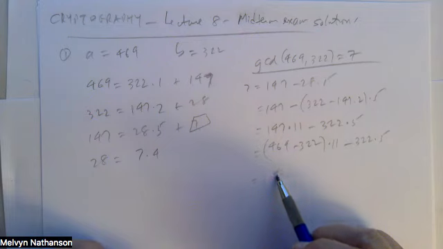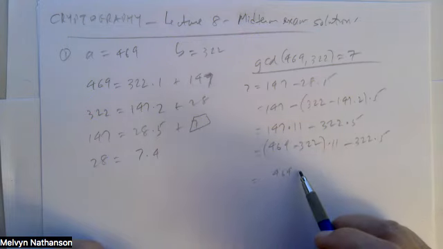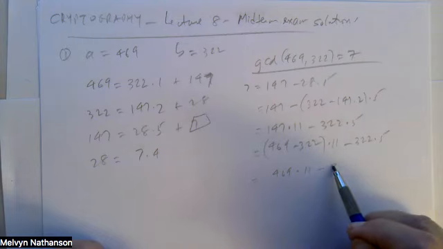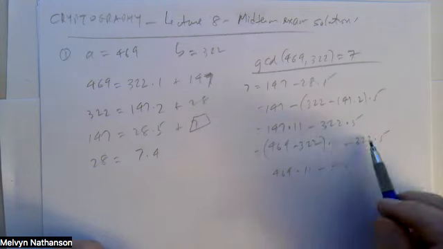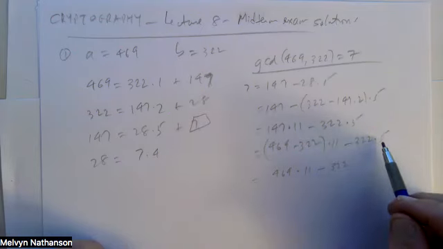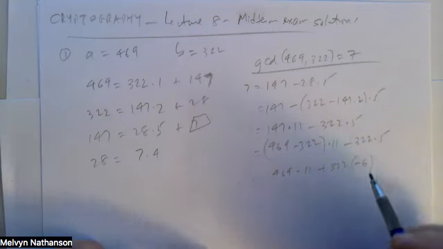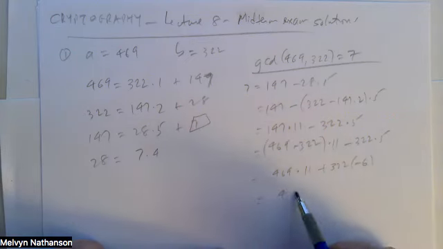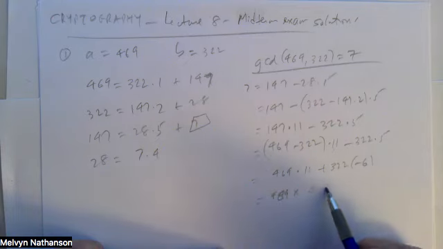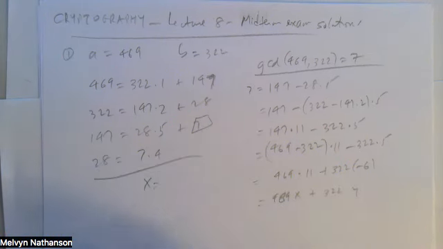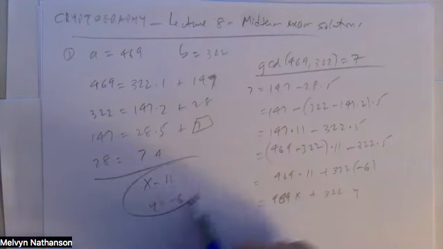So this is 469 times 11 minus 322 times (11 plus 5), which is 16. Or I can write this as plus 322 times minus 16. So this is of the form 469x plus 322y, where x in the solution is 11 and y is minus 16.